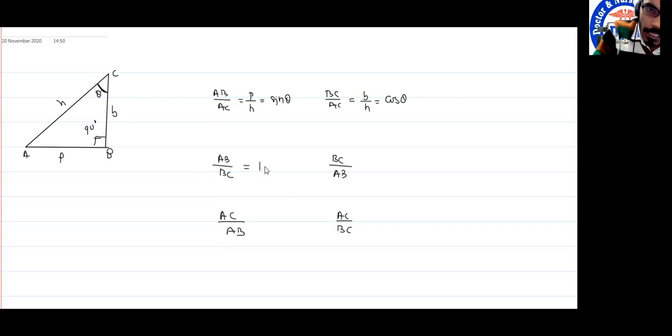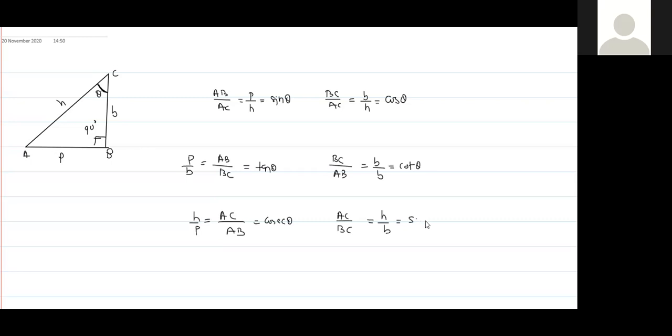Perpendicular divided by base is tan theta. Base by perpendicular is called cot theta. Hypotenuse by perpendicular is called cosec theta, and hypotenuse by base is called sec theta. Now you can compare one thing: tan theta is equal to perpendicular by base.